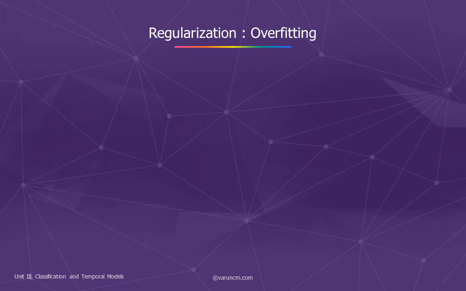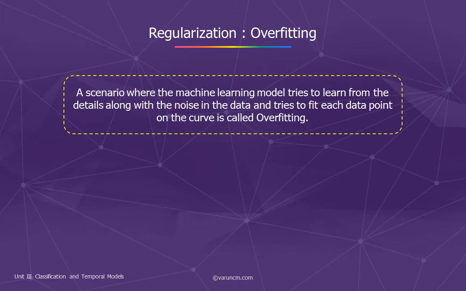So overfitting is the scenario where the machine learning model tries to learn from the details along with the noise in the data. It is going to learn from the details, that it will do well, but there is a chance of learning from the noise in the data.